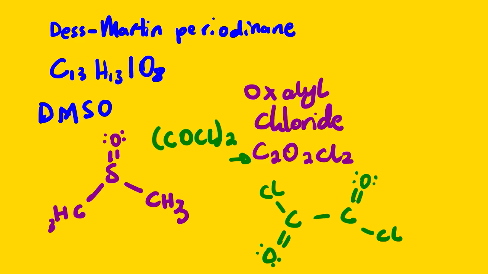Another most common oxidant that is used for production of aldehyde from primary alcohol is sodium hypochlorite. It is used with TEMPO.